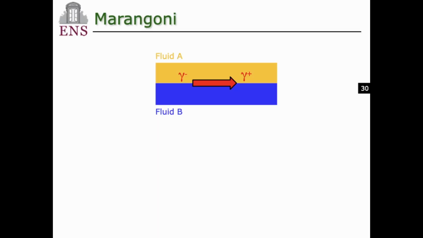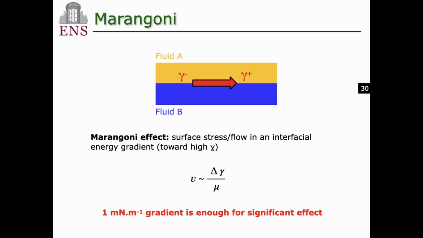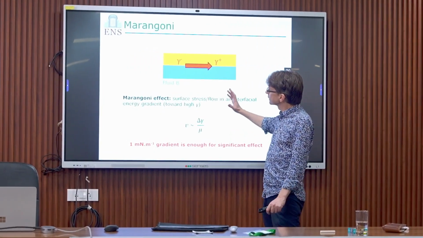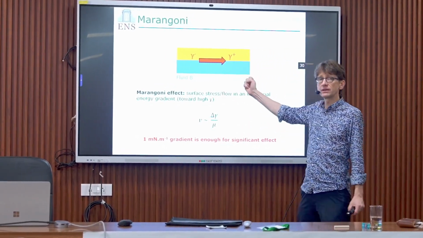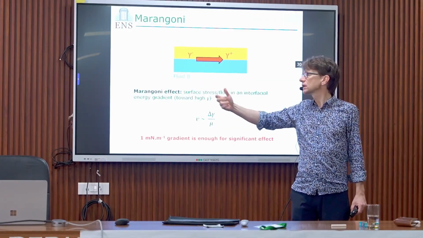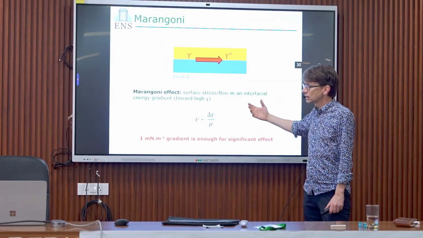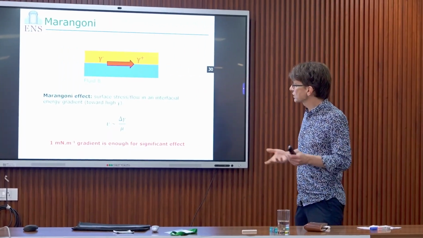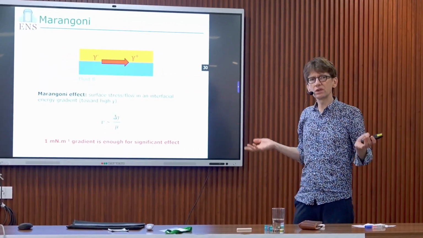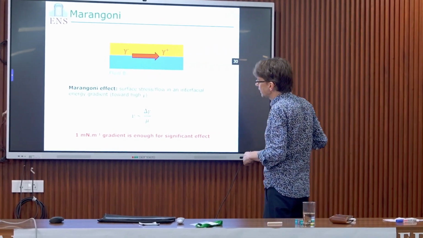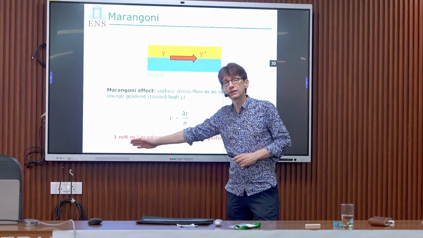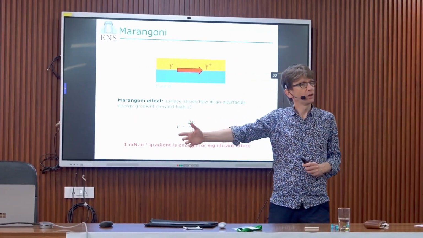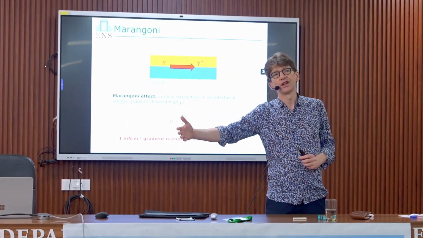And this flow is called the Marangoni. And it's quite interesting to see that if you just look at how the speed of this Marangoni flow scales with the surface tension, the main source of dissipation is the viscosity. And if you just take usual liquid, you see that a gradient of 1 millinewton per meter is enough to reach 1 meter per second speed.